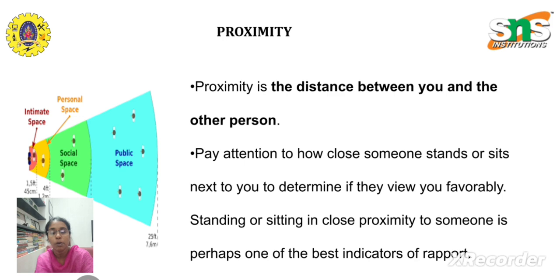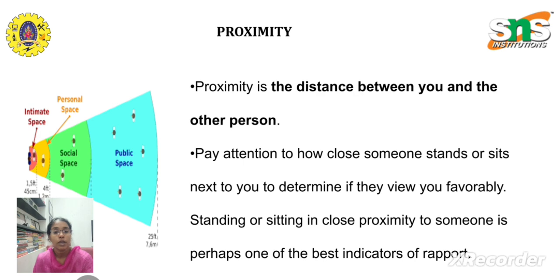Intimate space is about 1.5 feet, and social space is about 4 feet, the distance that you should maintain with the other person, and public space is more than that. It can even be 25 feet.